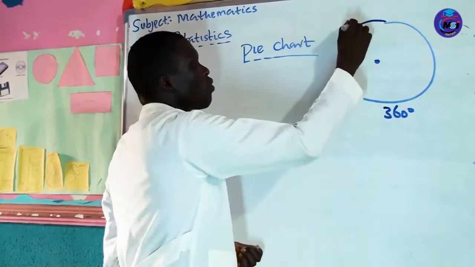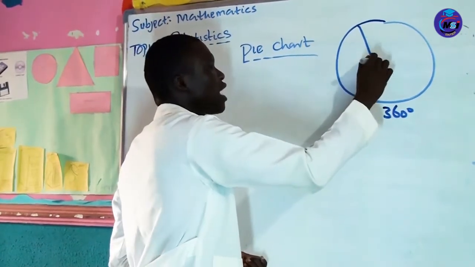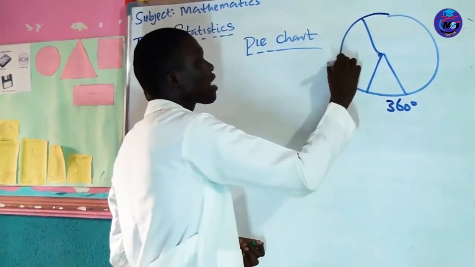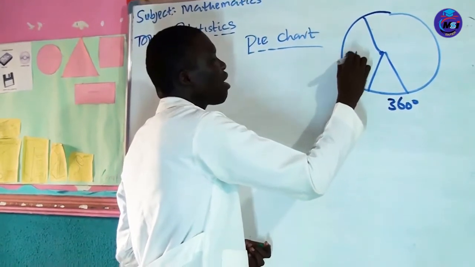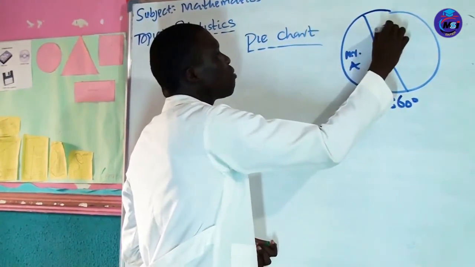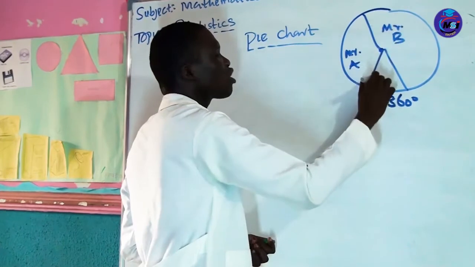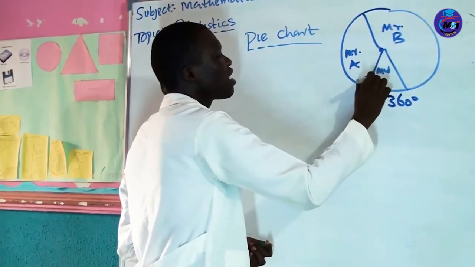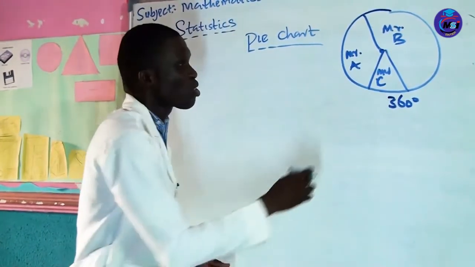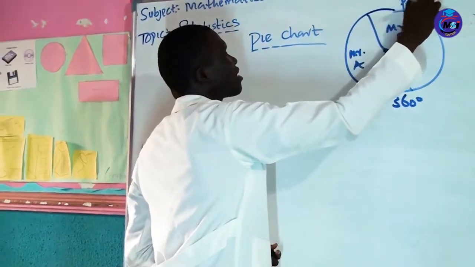So we can decide to share it. Let's say Mr. A will take care of this portion, Mr. B will take care of this portion, and Mr. C will take care of this portion. So this is what we call pie chart.